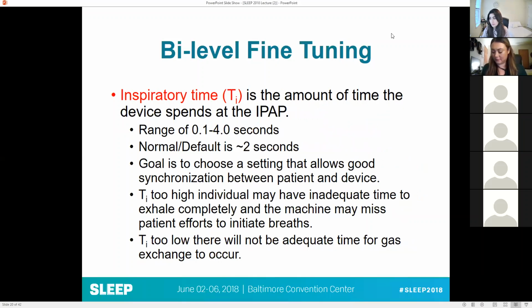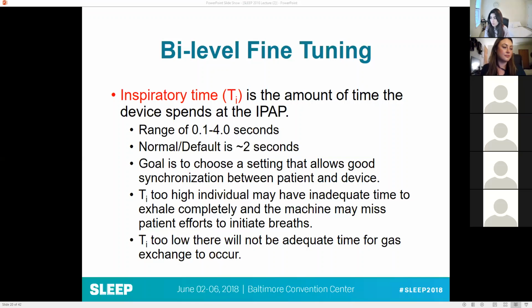The inspiratory time is the amount of time the device actually spends at that IPAP. The rise time is how quickly you get to that level. The inspiratory time is how long you stay at that level. So the goal is to choose a setting that allows synchronization between the patient and the device.